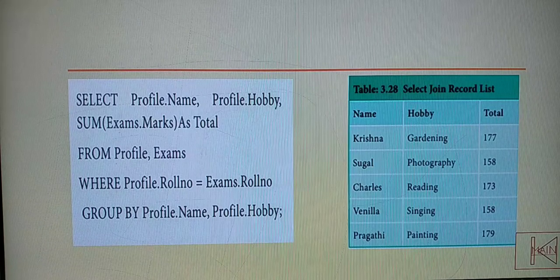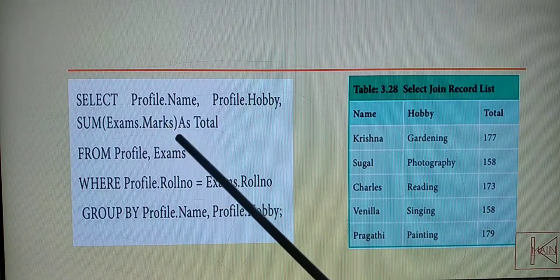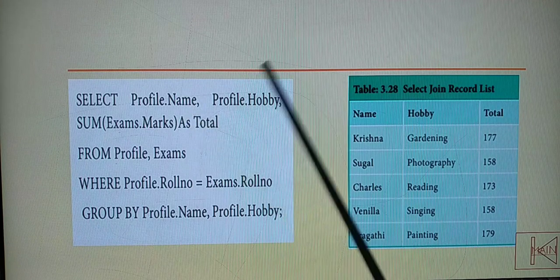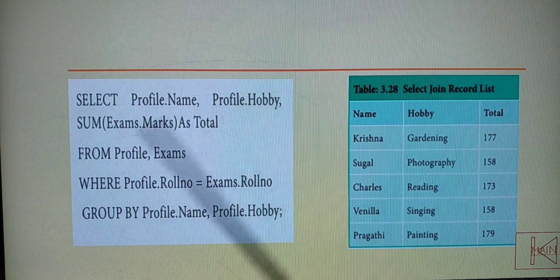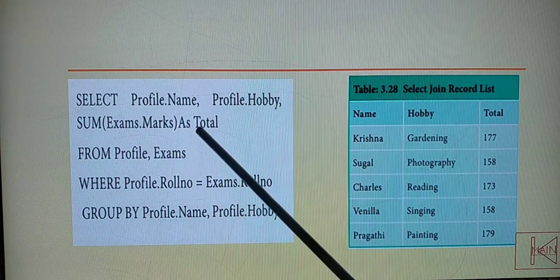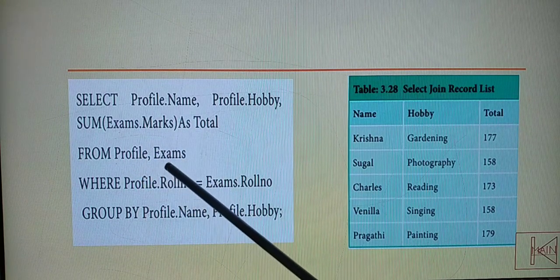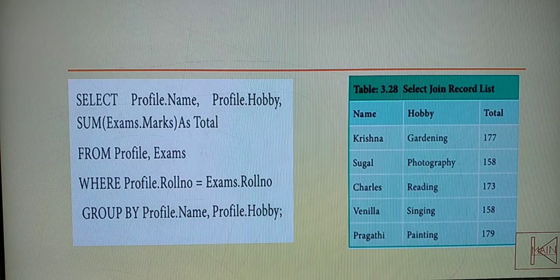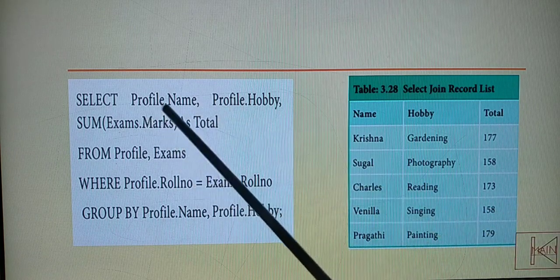See this syntax, or this example. Select profile.name, profile.hobby, sum of exam.marks as total from profile, exams. First I will explain these three lines for you. What is given here? Select profile.name and profile.hobby.